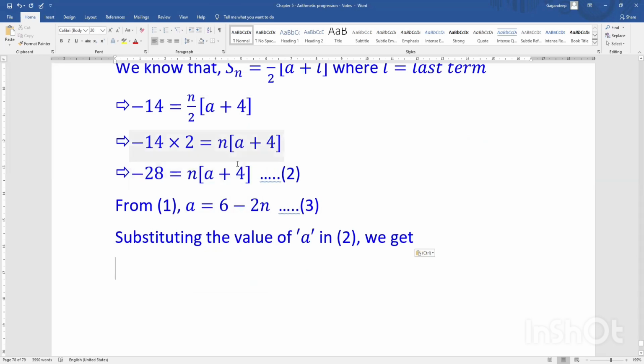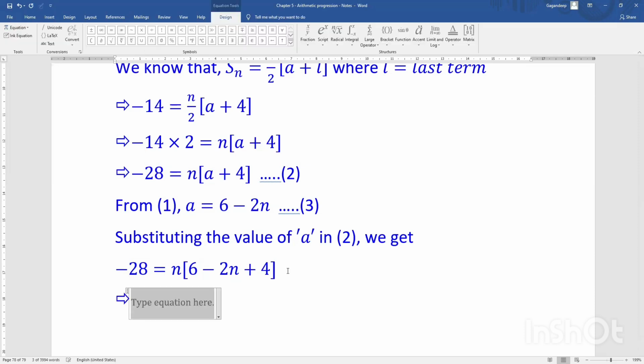So I take equation 2. And the a value is how much? 6 minus 2n, correct? So replace it with 6 minus 2n, plus 4. Next step I show you as minus 28 equals n bracket open 6 plus 4 is 10, 10 minus 2n bracket close.